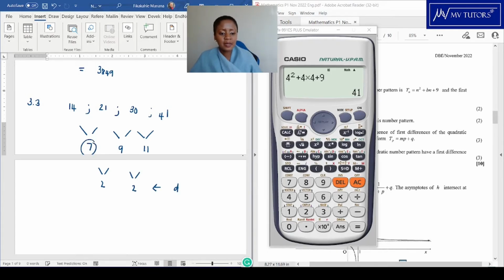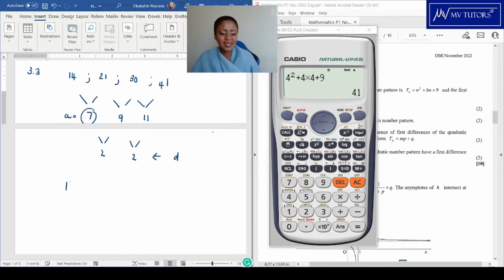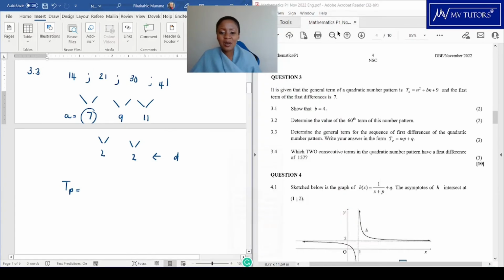First term is 7. So let's use our formula TP. Don't use TN. TP, so our first term is 7 plus, I almost said n minus 1, here we have P minus 1 times D, the D is 2.